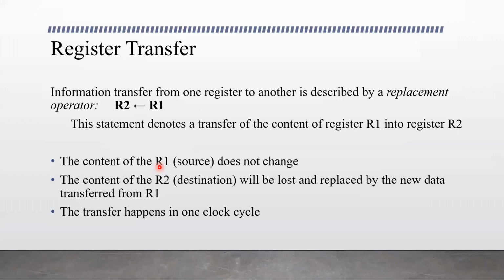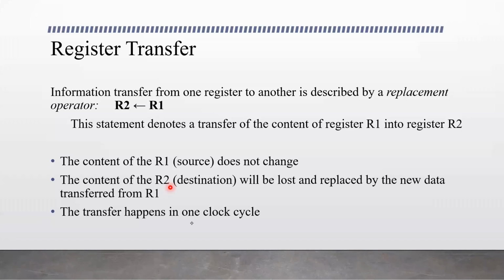What will happen in R2? Whatever content was already in R2 will be lost and replaced by the content of R1. The information stays in R1, and the earlier content of R2 is replaced by the new data transferred from R1.